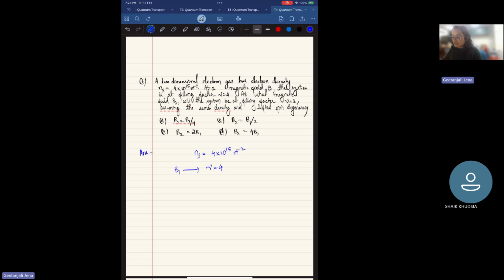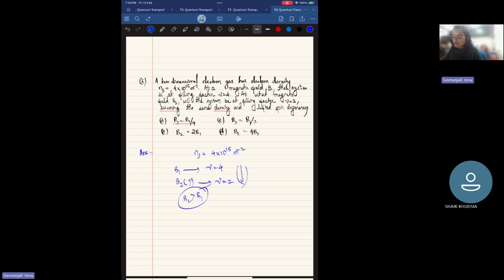At what magnetic field B2 will the filling factor become 2? We have seen earlier, if we increase the magnetic field, then the filling factor will decrease. So that means the answer to this question will be B2 higher than B1.